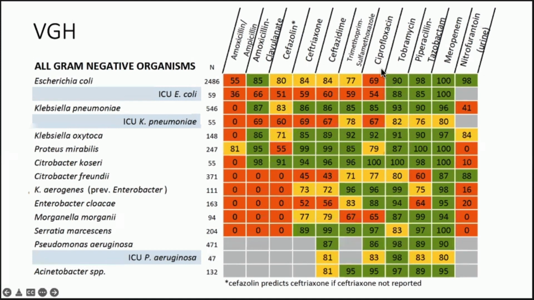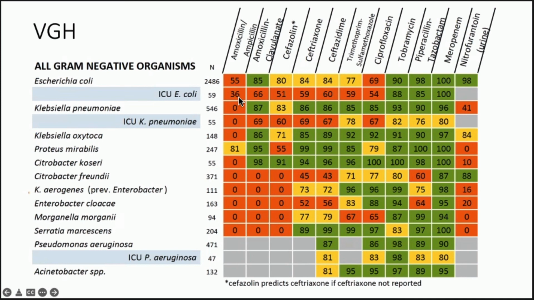Unfortunately, we do see that there is indeed a growing resistance to ciprofloxacin. Fortunately, we have not yet developed terrible resistance against piperacillin-tazobactam or meropenem. And we can see that nitrofurantoin here is a pretty good agent to use for otherwise uncomplicated UTIs.